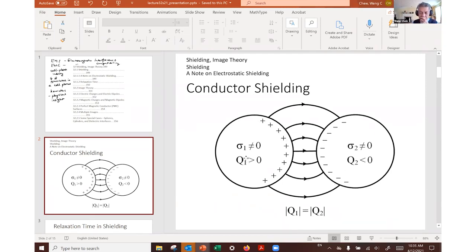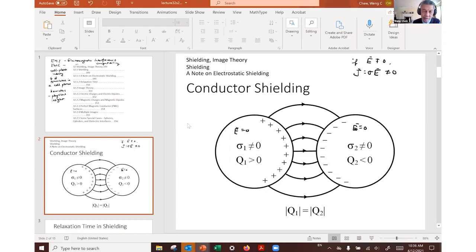But what happens is that the electric field is 0 inside this conductor, and both of them are 0. And I'll explain to you why the electric field has to be 0. The reason is that if E is not 0, then J is equal to sigma E is not equal to 0. Then there will be current flowing inside this conductor.